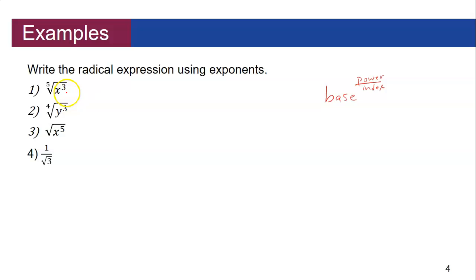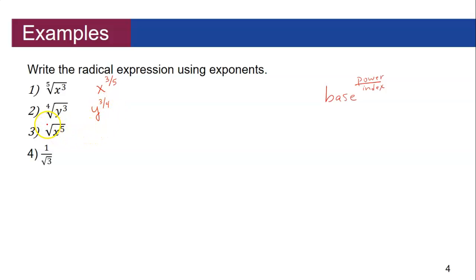So when I write this using exponents, I'm going to have my base of x, my power is 3, and my index is 5. So if I translate this into an exponent, it would be x to the 3/5. This one we have a base of y, power of 3, and an index of 4. So it would be y to the 3/4.